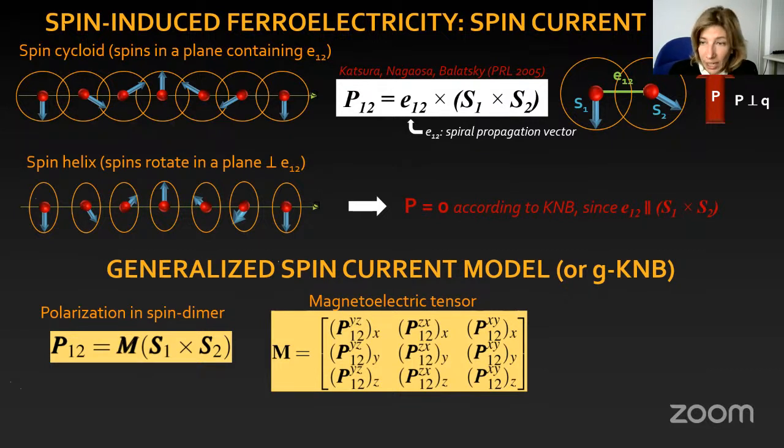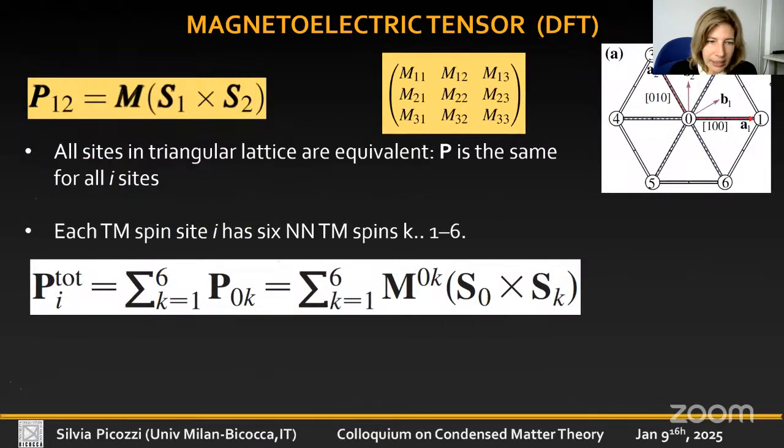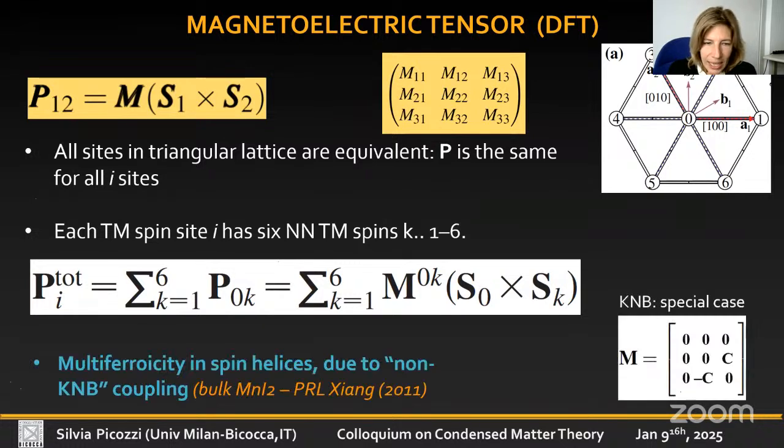We can evaluate all the terms in this tensor by, again, DFT, and then by summing up the pair contributions, I can get my macroscopic polarization in whatever spin texture I have. The KNB would be a specific case of this general 3x3 form, in which I would only have one independent element.